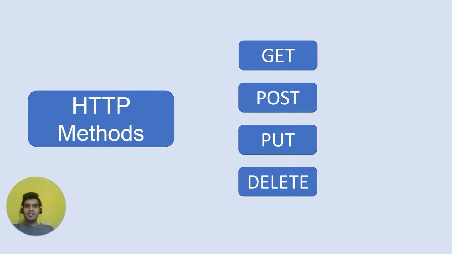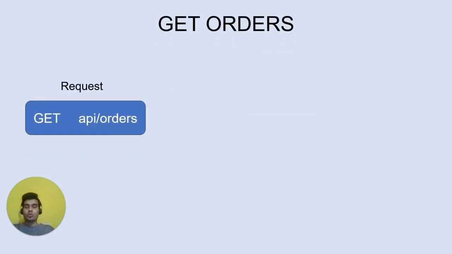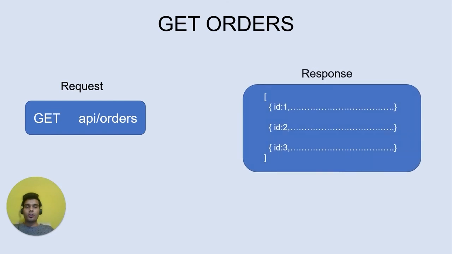Now let's understand the CRUD operations that we will perform using the HTTP methods, with the example of our e-commerce website. The first is get orders. Our client will send a GET request to the endpoint API orders, and our server will respond by sharing all the records it has. It is an array of objects.